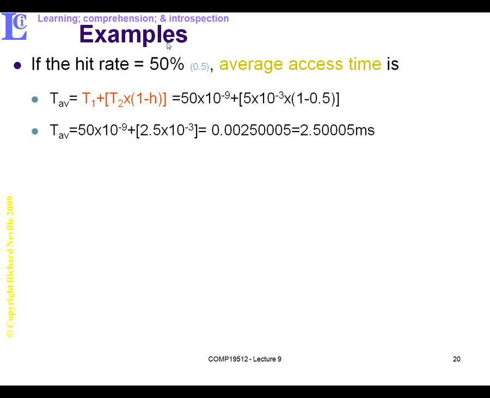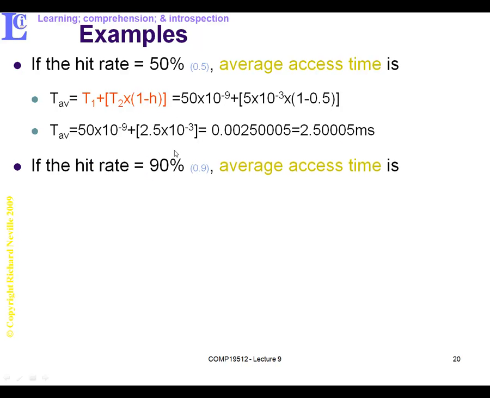milliseconds. Now what happens if we start changing the hit rate and say there's more data in the primary memory that we need so we can access it? Well, what happens is the hit rate can go up dramatically, and this has an effect on the average access time. So now we've got 90% of the data in the main memory, and that's related to a hit rate of 0.9. So let's use this equation again.